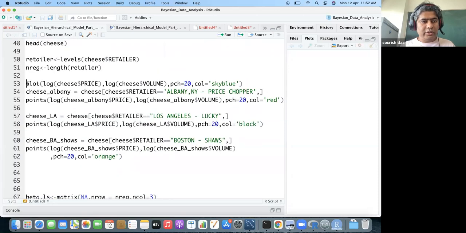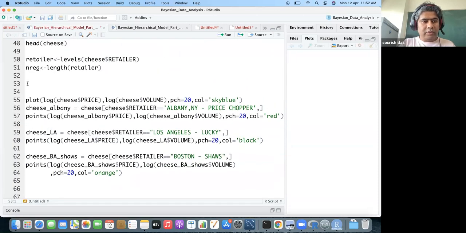So this is literally called exploratory data analysis for price to volume. Similarly, we'll do exploratory data analysis from, say, display to volume.